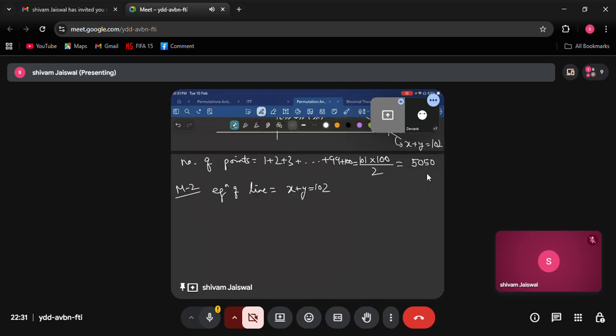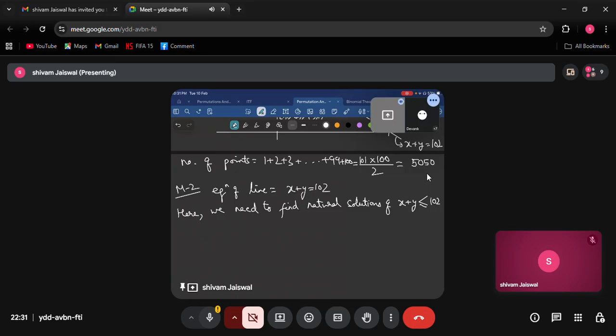So here we need to find not non-negative, natural solutions of x plus y less than or equal to 102. Right? Tell me, everyone.